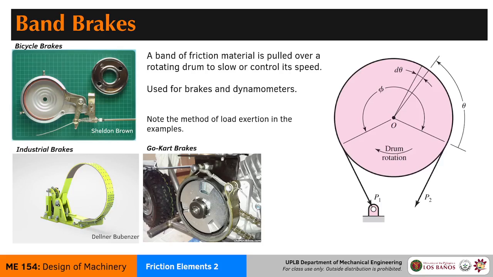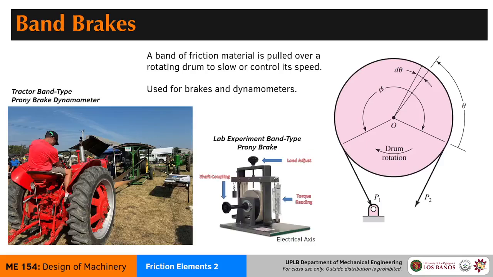Another application of band brakes is for dynamometers. In dynamometers, what you want is a measure of torque and speed. In this middle example, this resembles the band brake for the Pelton wheel and the Francis wheel in the Amped garage, if you've actually seen these in ME174.1.